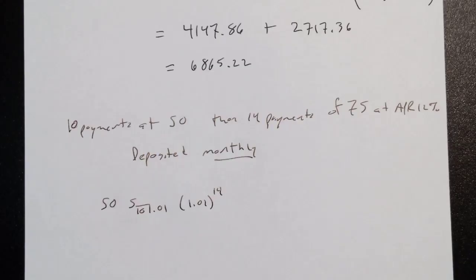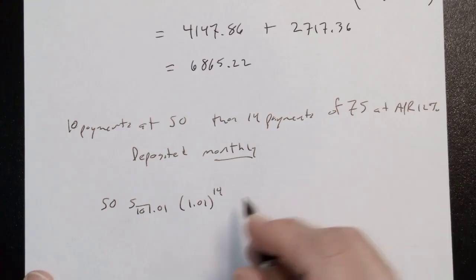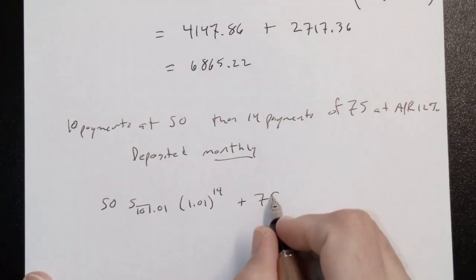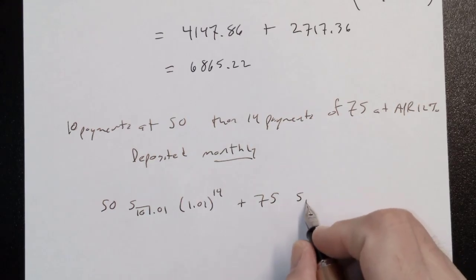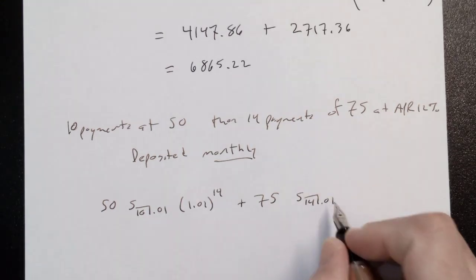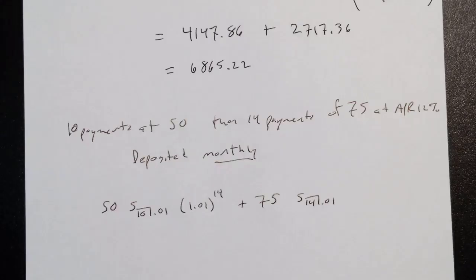And that takes care of the line that is the deposits of 50. And then I started making deposits of 75. And I made 14 of those at 0.01. And that takes me to the end of my payments. I can calculate a value.